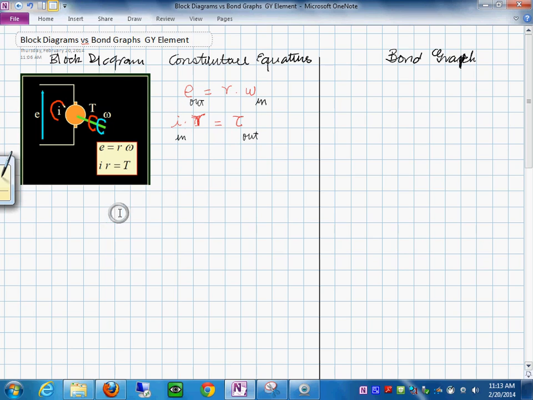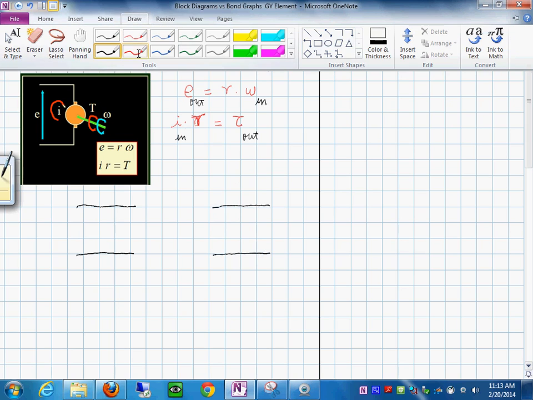In this case, you have two equations, and therefore on one side, on the electrical side, you have the current and the voltage, and on the other side you have the torque and the angular velocity. So let's put these labels here.